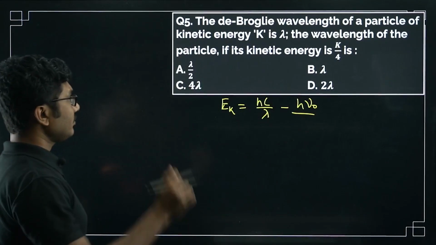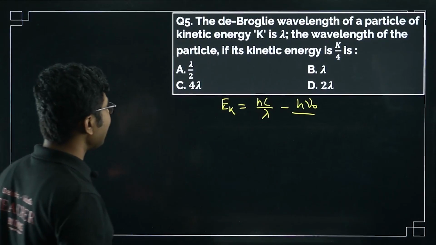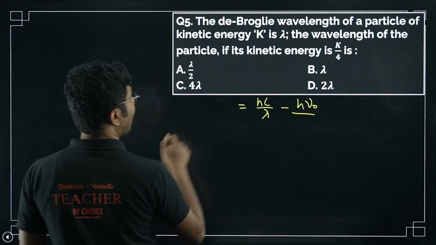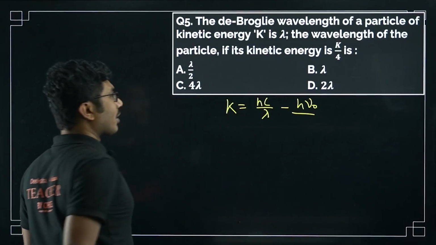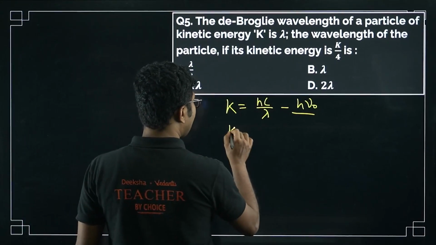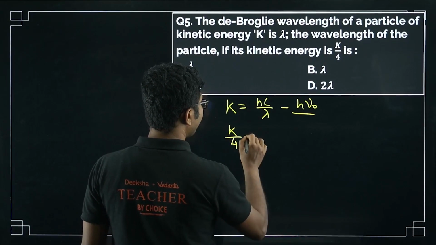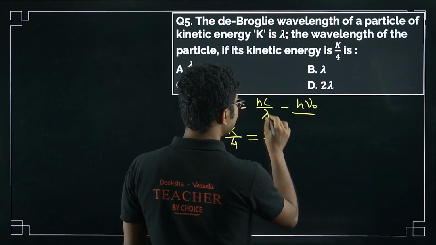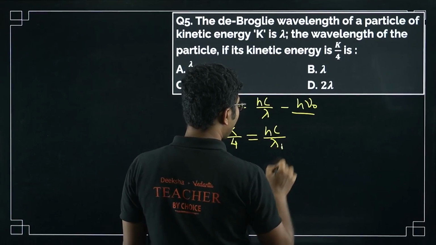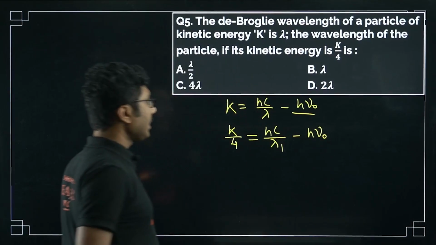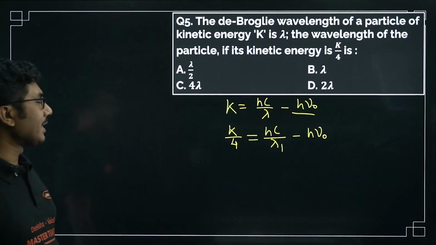So kinetic energy is given by K. This value of Ek is K for a wavelength lambda. Now for another value, the kinetic energy is K by 4, and for that we are trying to find the value of lambda, say lambda 1, and that will have minus h nu naught here as well.